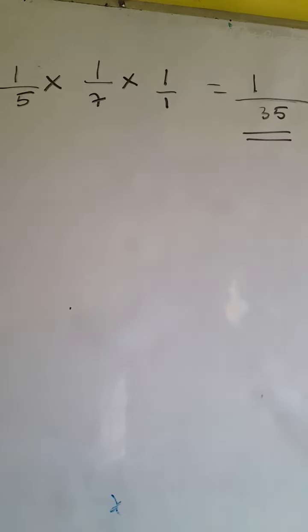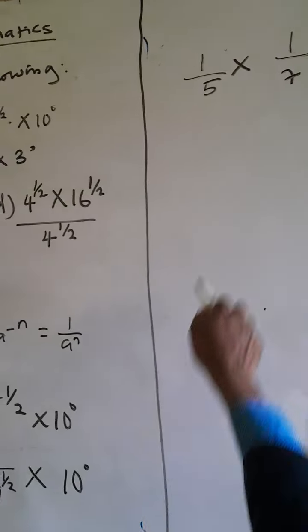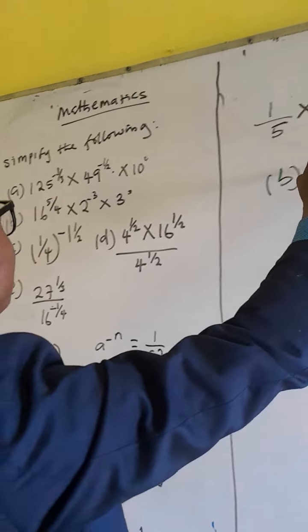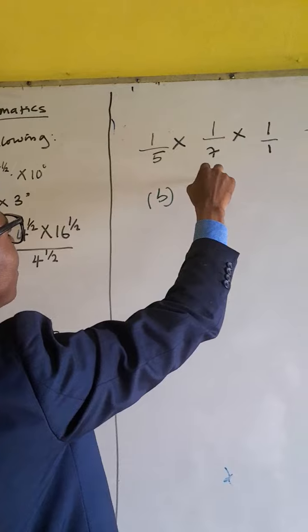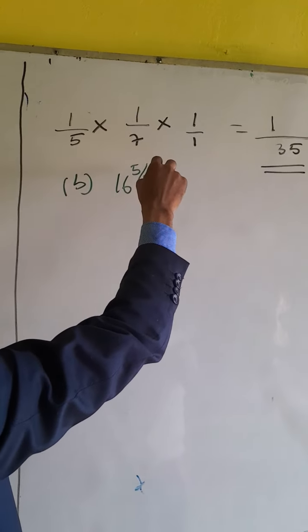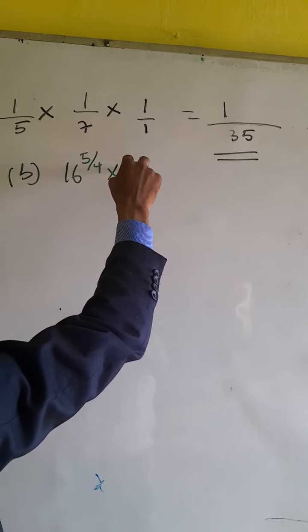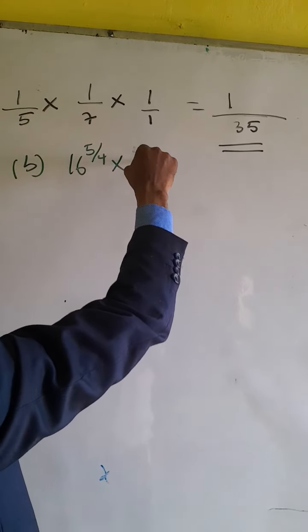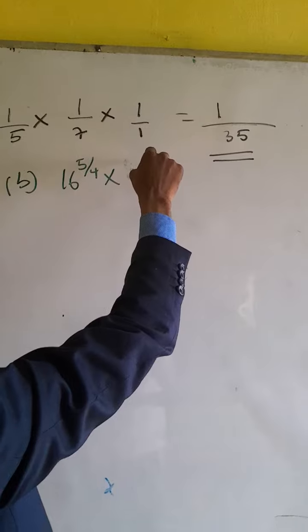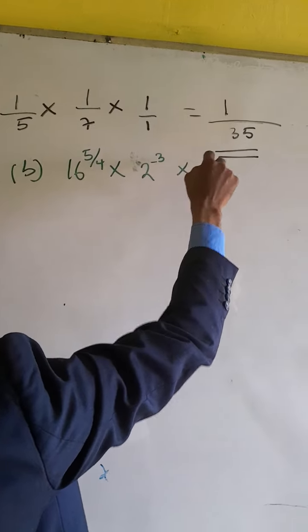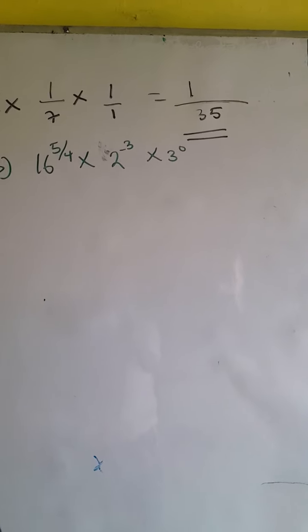Now we go over to number 2. Question B says 16 raised to the power of 5 over 4 times 2 raised to the power of minus 3 times 3 raised to the power of 0.